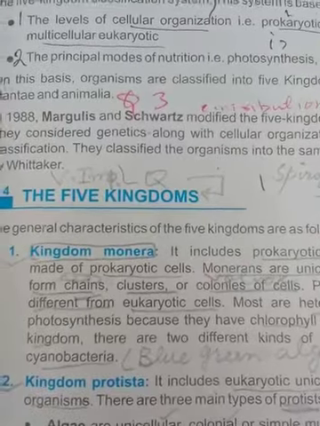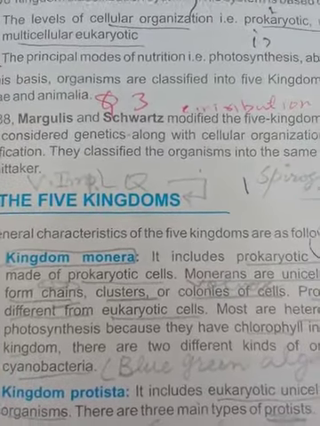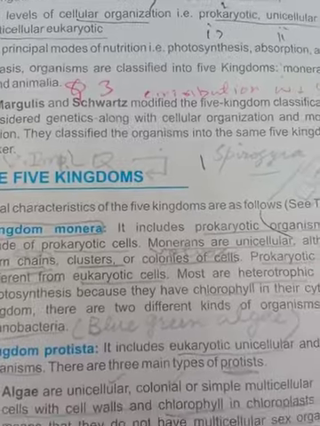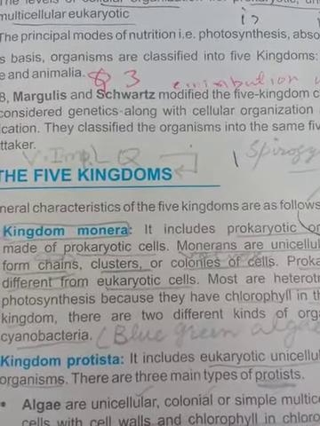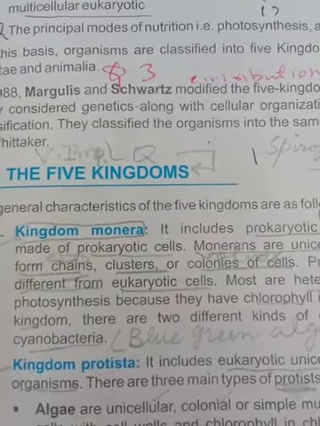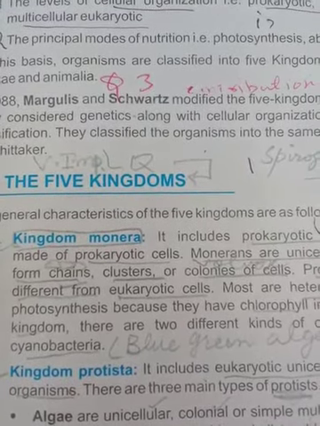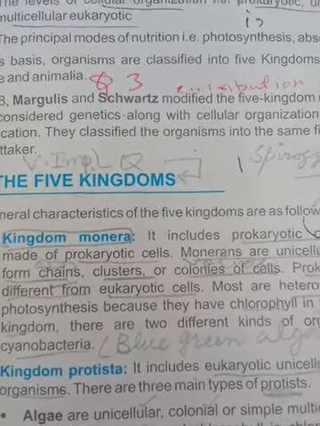Students, now we explain kingdom Monera. It includes prokaryotic cells, and you know that prokaryotic cells are made up of cells which contain no membrane-bounded structures and no definite nucleus.